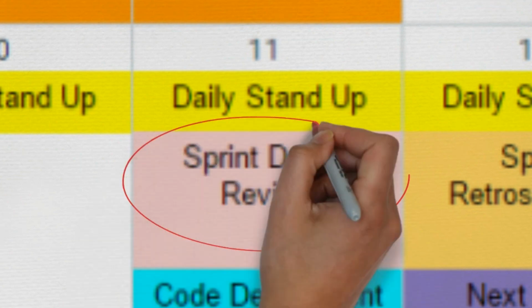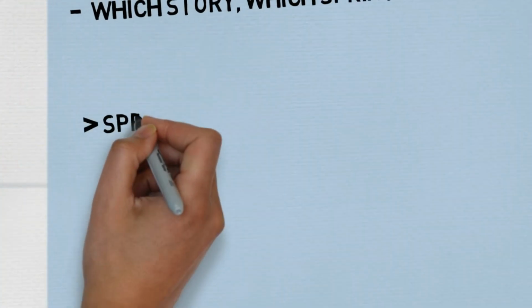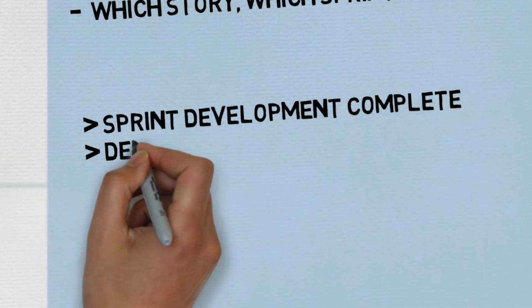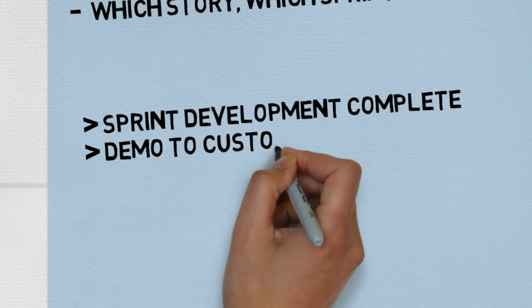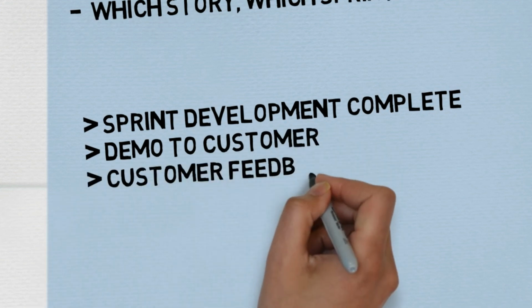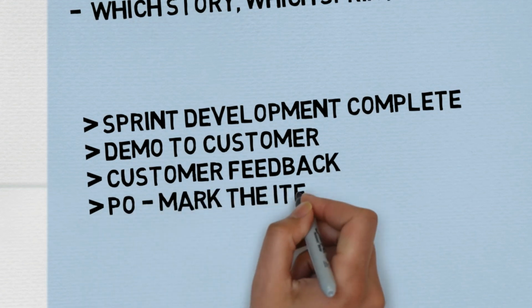Next one is sprint demo review. Demo or sprint review. Remember, by this time all your development work would be completed for that sprint and you are ready to demonstrate to the customer the feature you have built.